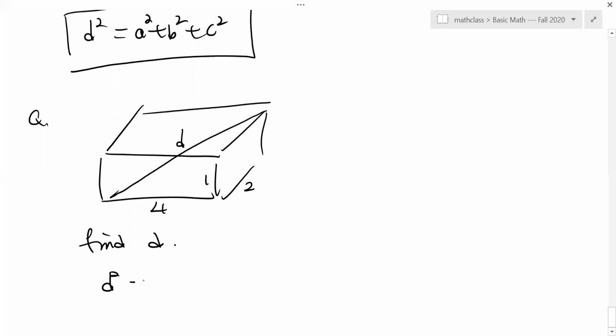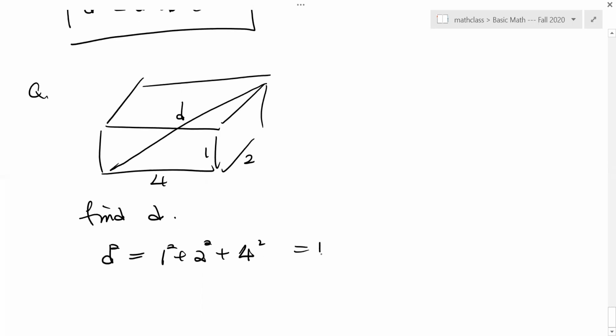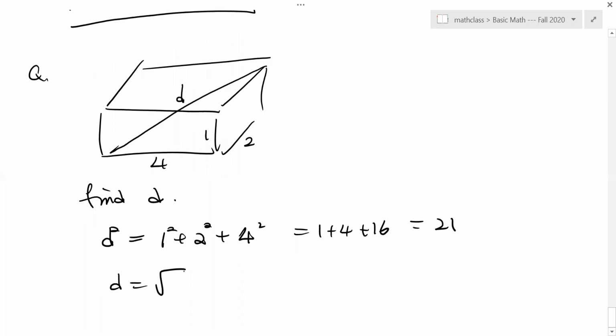So d squared is going to be 1 squared plus 2 squared plus 4 squared. Add all together, it's 1 plus 4 plus 16. It's 21. So d is going to be square root of 21. And it's the length of the diagonal. If you want to tell how big square root 21 is, you draw a rectangular box. The length of the diagonal is going to be square root 21.